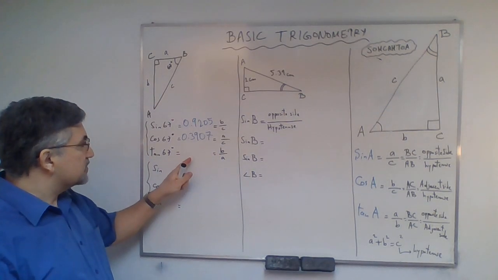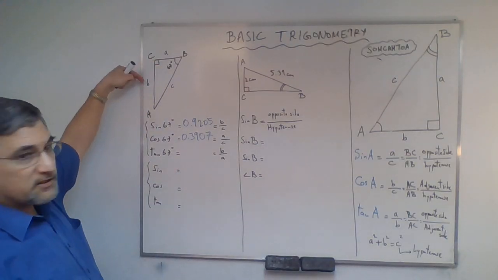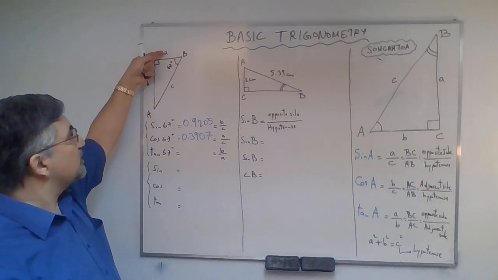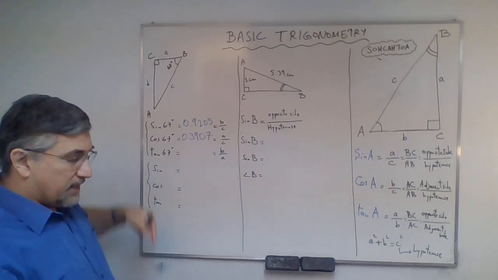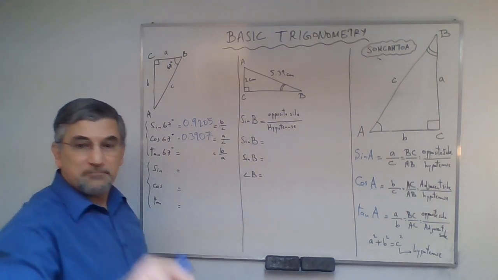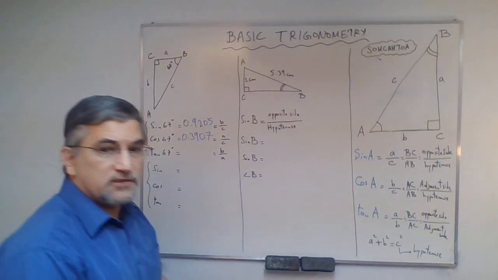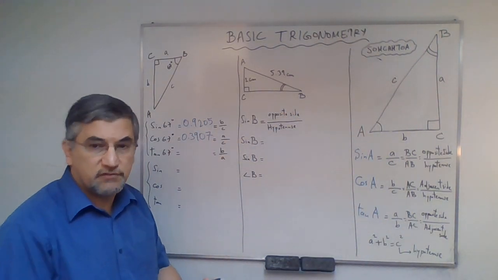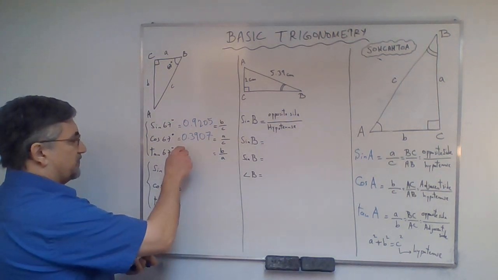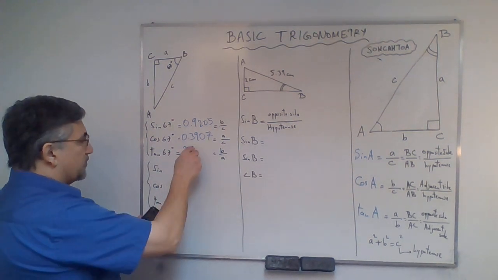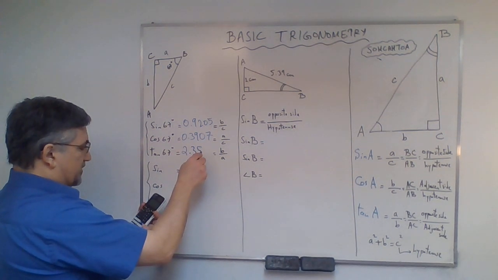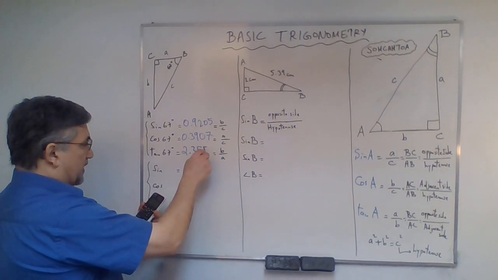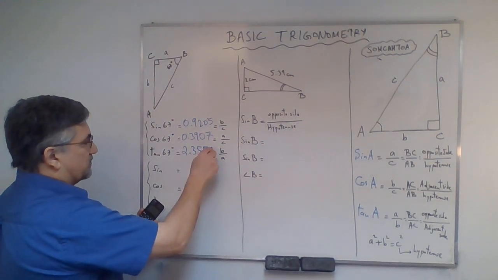Now, the last one is the ratio of opposite side B over adjacent side A. You press the tan button on the calculator this time, and you make sure that your calculator's in degree mode, because if not, you get different answers. So I get 2.3558.5, which I rounded off to 9.